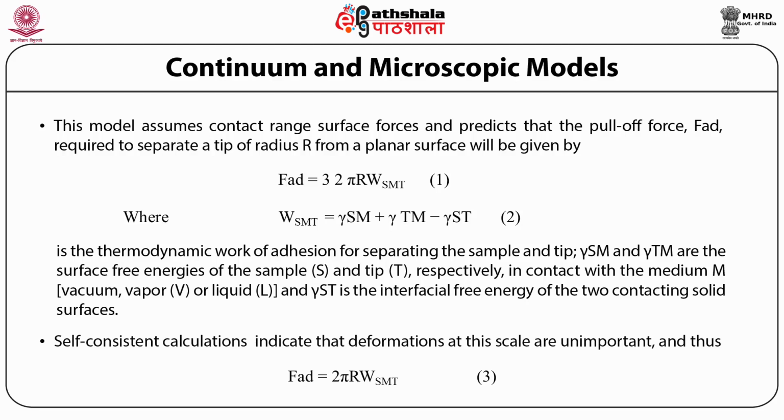Self-consistent calculations indicate that deformations at this scale are important, and thus FAD could be given by FAD = 2πR W_SMT. This is a mathematical relation which one eventually works out.